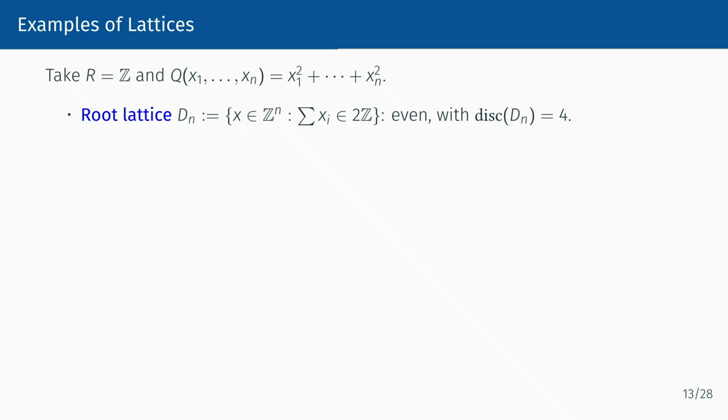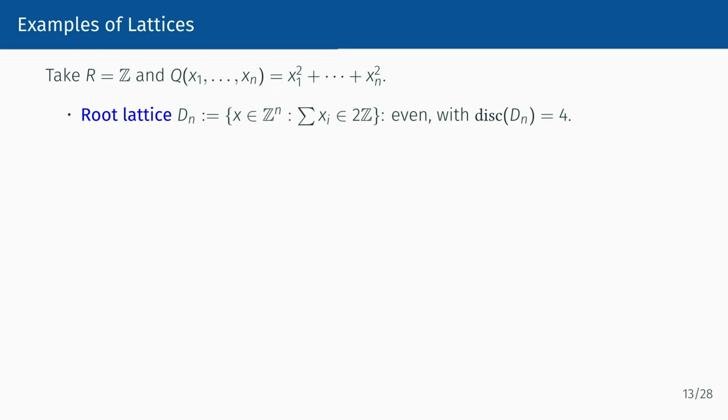Let's see some examples of lattices. Again, our most important examples will be when R is just Z, the integers. And for now, we'll just take the quadratic form to be the standard inner product. A very famous root lattice is the lattice Dn, where you take all the vectors such that the sum of the entries is even.